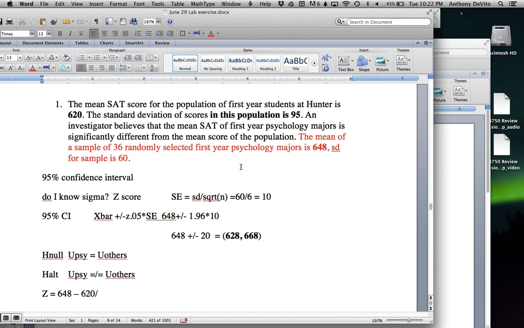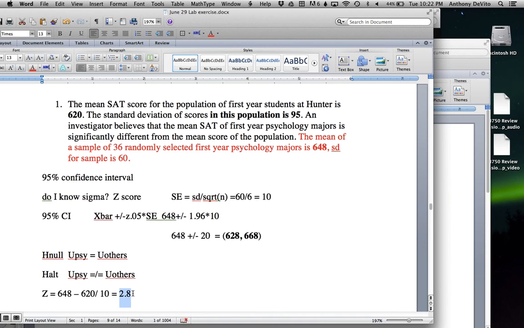The standard error that we calculated before was equal to 10 for the sample size of 36. So that's going to be equal to 28 divided by 10, or 2.8. Okay, everybody comfortable with that? So can I reject my null hypothesis? Anybody want to hazard a guess? Can I reject my null hypothesis?